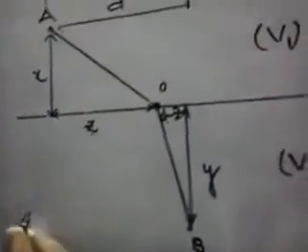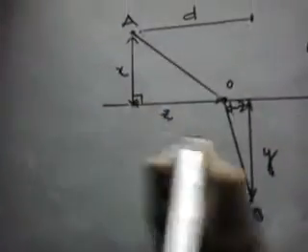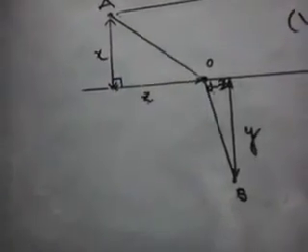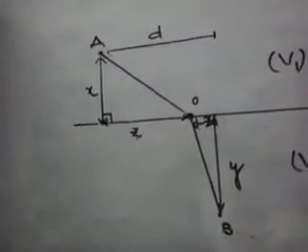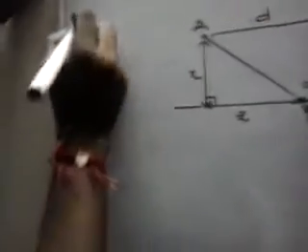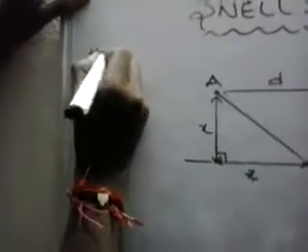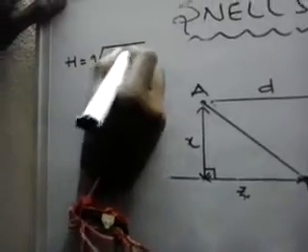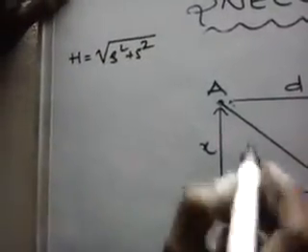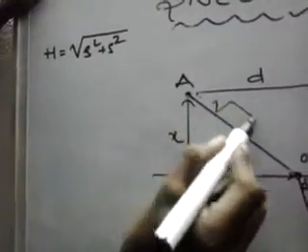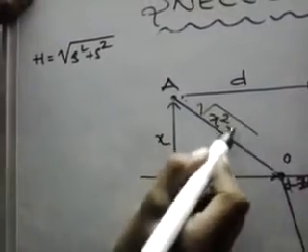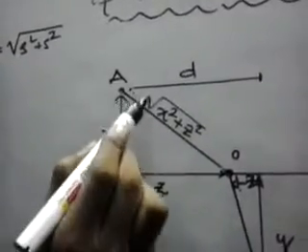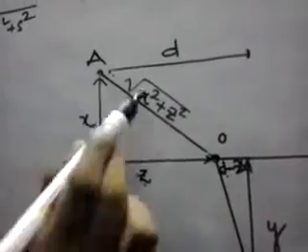Now we will apply a little bit of the Pythagorean theorem to this concept. This is considered a right angle triangle where AO is the hypotenuse, and you all know that in a right angle triangle the hypotenuse is equal to the square root of side squared plus side squared. So the distance AO is root over x squared plus z squared.